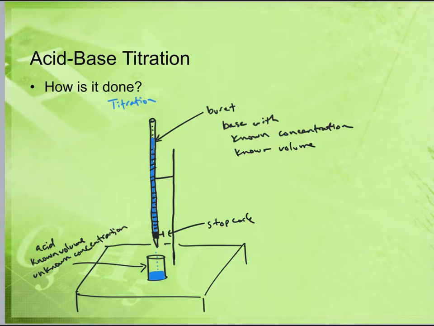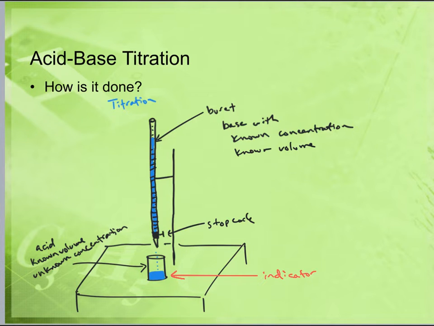Now, typically, we will add a chemical to the beaker down here. So into the beaker, and that is going to be something that's going to change color depending on whether something is acidic or basic. This is called an indicator.